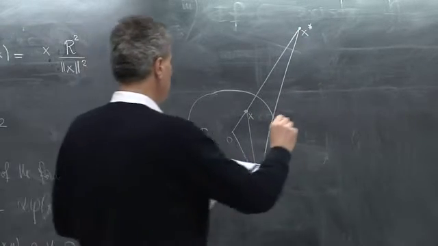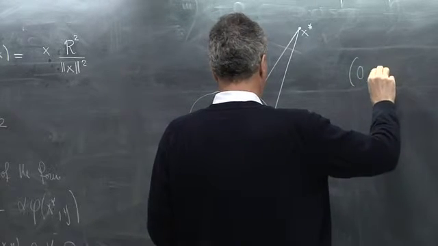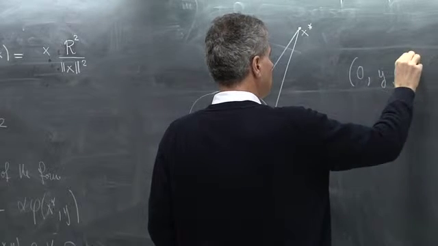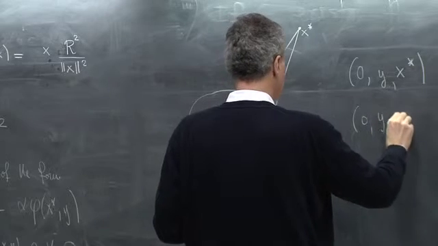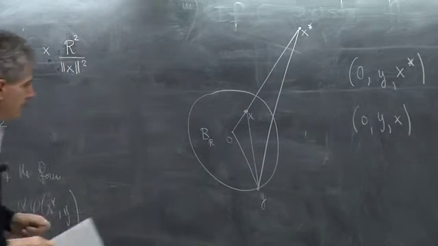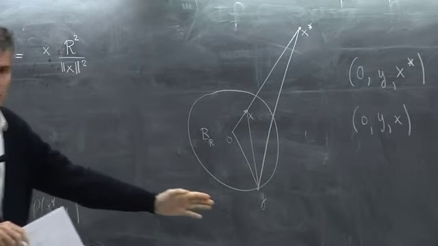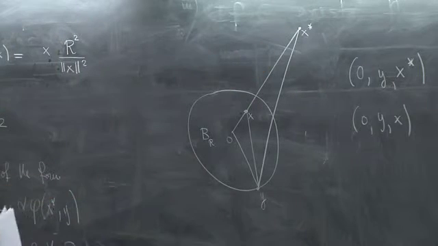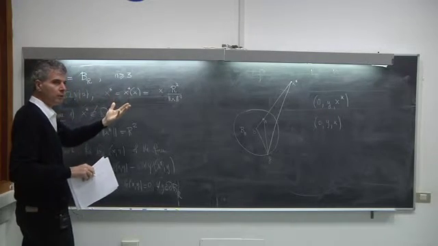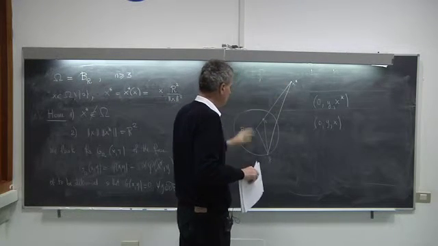The triangles I'm considering are O, Y, X star, and the other triangle is O, Y, and X. Y is a point on the boundary of omega, once you have X star defined as here, sort of specular point of X with respect to the boundary.